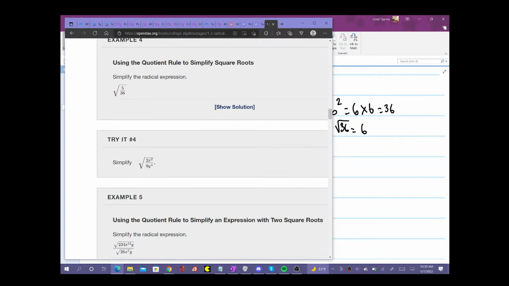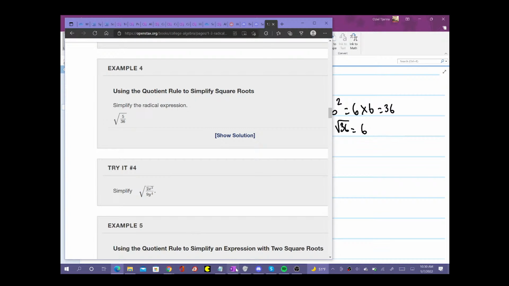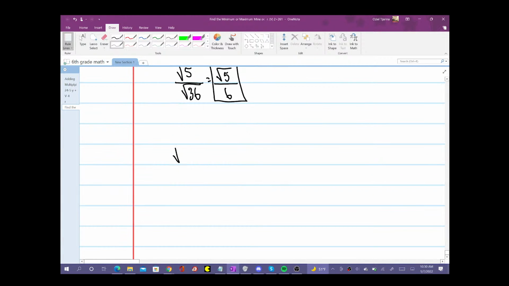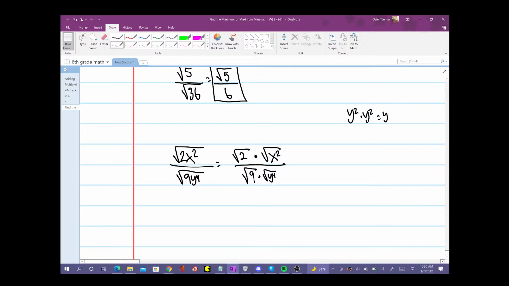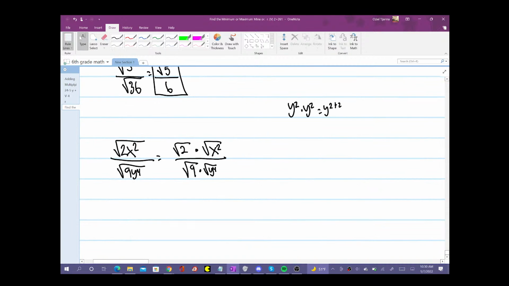So this one becomes the square root of 2 times the square root of x squared over the square root of 9 times the square root of y to the 4th. Remember that y squared times y squared equals y to the 2 plus 2 power, which equals y to the 4th.